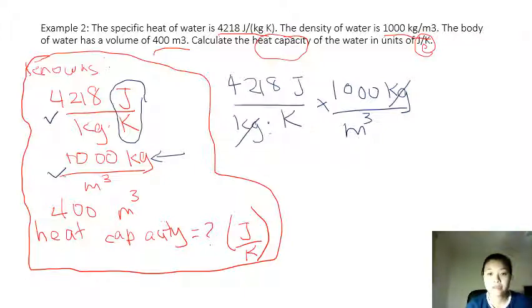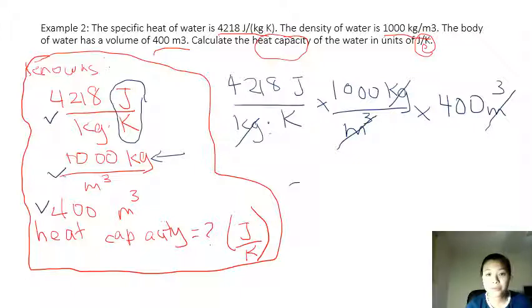And so we still have our joules per Kelvin, but we now need to get rid of meters cubed. And so my last piece of information, so I'm keeping track of these, and now I'm using my last piece of information, which is 400 cubic meters. And so now we can see that those cubic meters will cancel, and I'm just left with my joules per Kelvin.